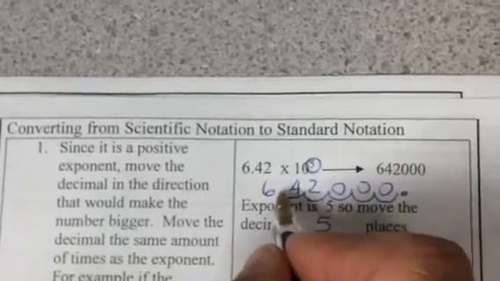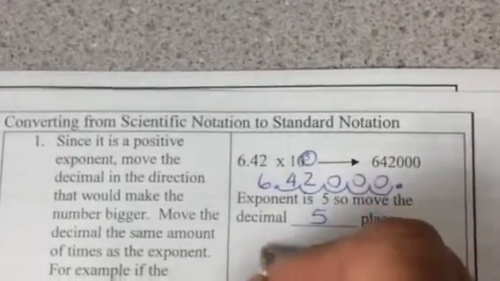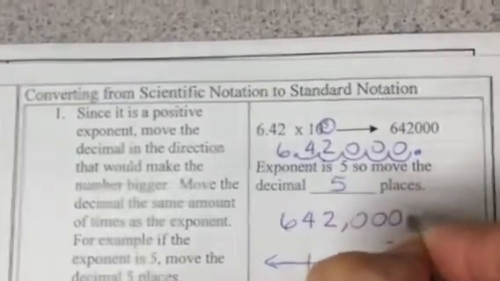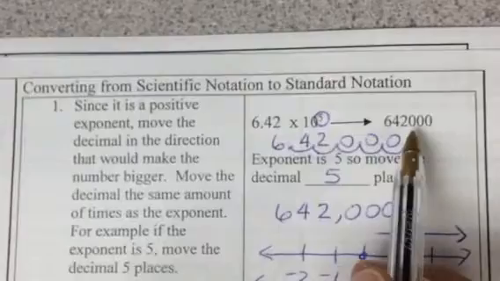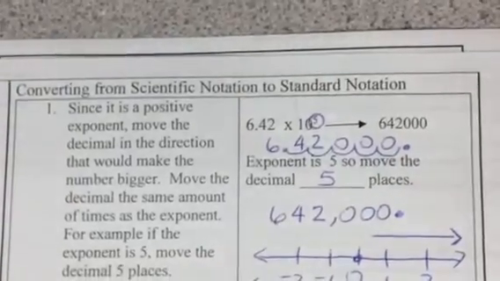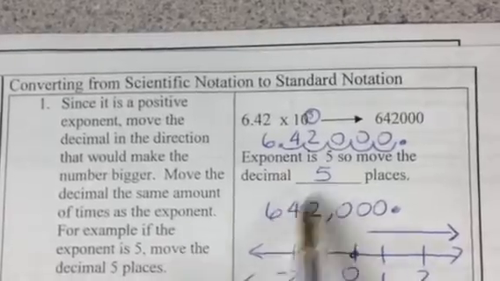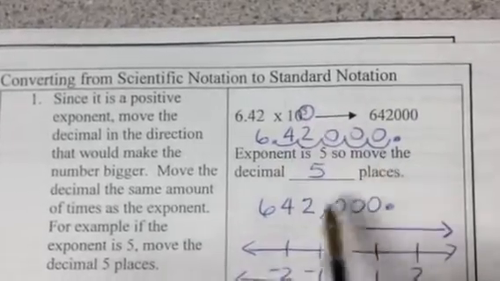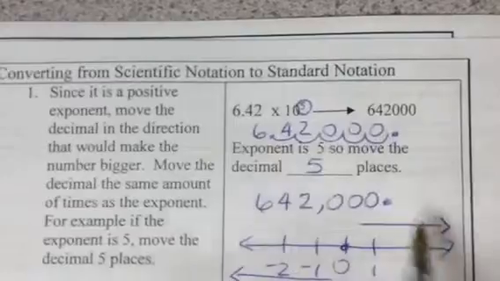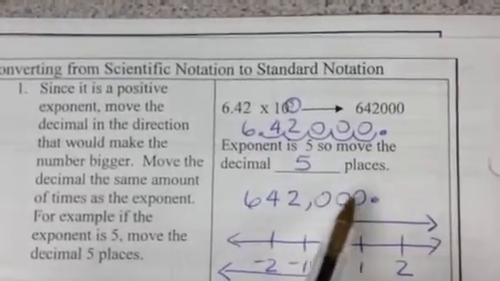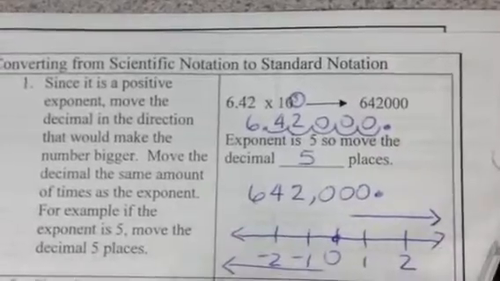You take this decimal away, you rewrite the number 642,000 with your decimal at the end, and that's how we end up with that number right there. Okay, so whatever the exponent is, that's how many places you move that decimal. Total of 5, and you move it in the direction to get bigger, and you know on a number line you go to the right to get bigger.